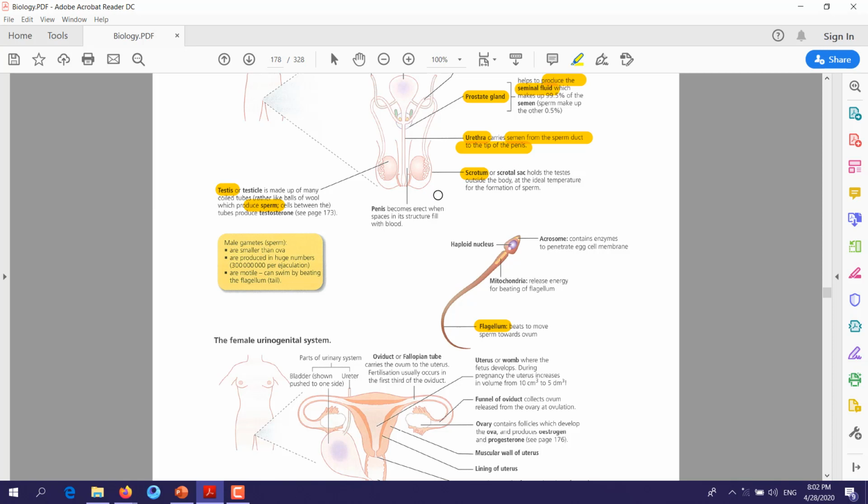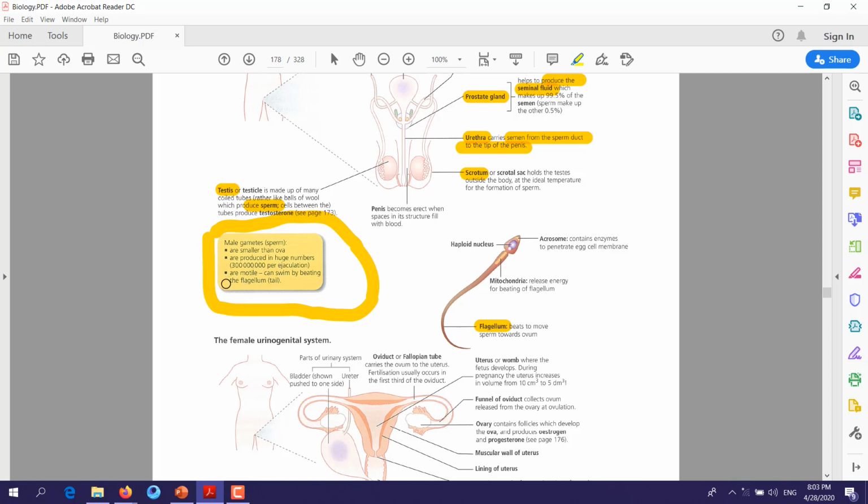Some facts about sperm. If you have a question that says compare between male and female gametes, these are the differences between them. Firstly, about size, of course, the male gametes, the sperm, are much smaller than ova, and they are produced in a huge number.